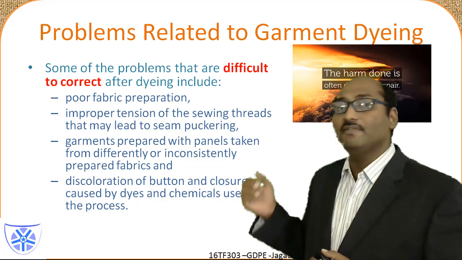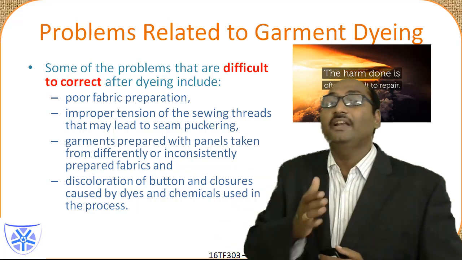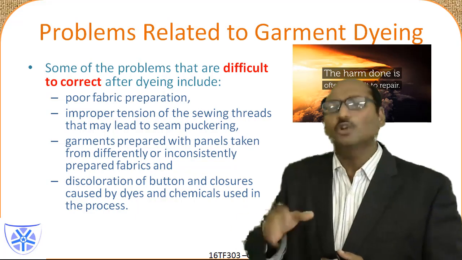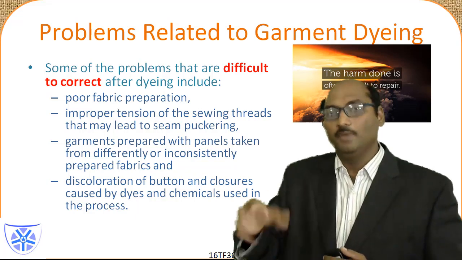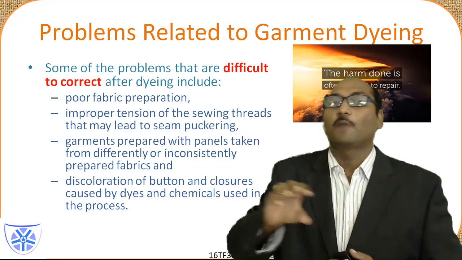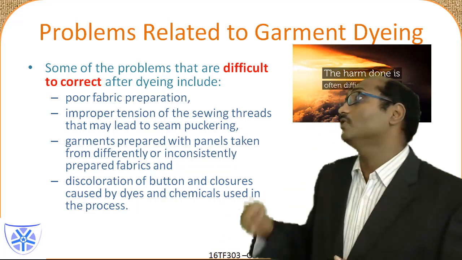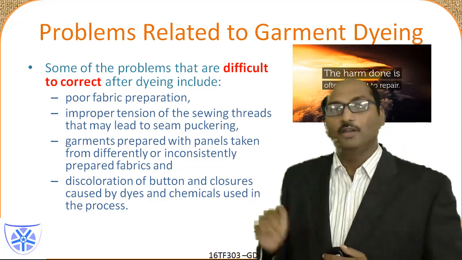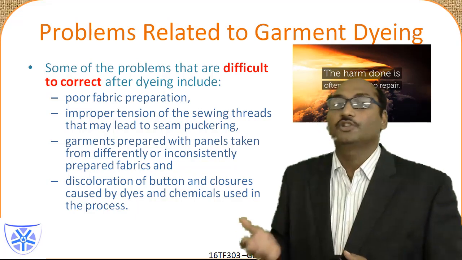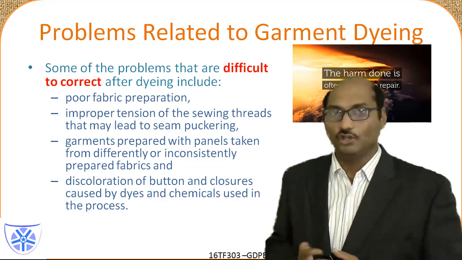The third is garments prepared with panels taken from differently or inconsistently prepared fabrics. Inconsistently means not uniform. For example, one fabric is treated with an optical brightening agent and another fabric is not. Once the dyeing is done, the shade is definitely going to change.